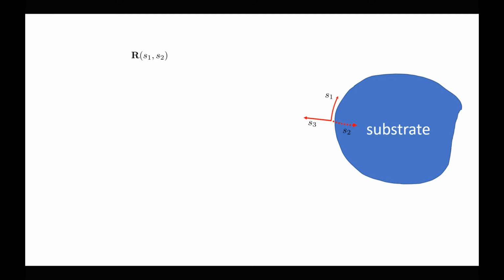Given our surface and our principal directions, thankfully there are many useful results which we can use. Firstly, we take the derivative of the surface with respect to the curvilinear coordinates s1 and s2. Here we note that the subscript 1 belonging to r refers to the fact that we are taking the derivative with respect to s1, and similarly with s2.